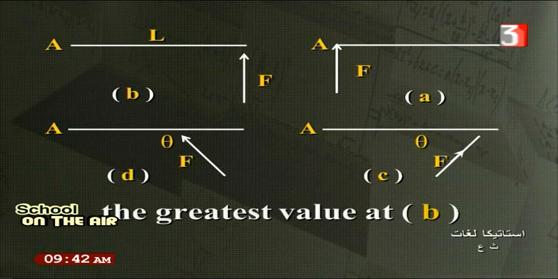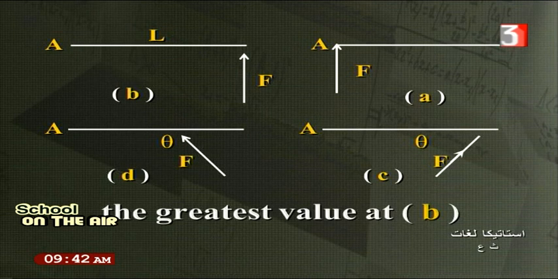Someone may ask why D is not correct. Because cosine theta is negative: for an obtuse angle, the cosine lies in the second quadrant and is negative. Also, why is C wrong?